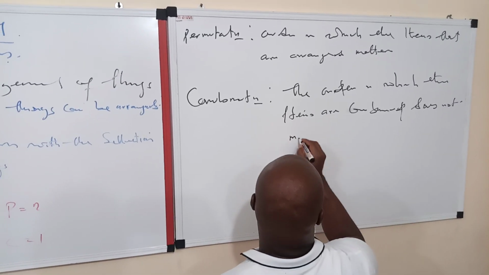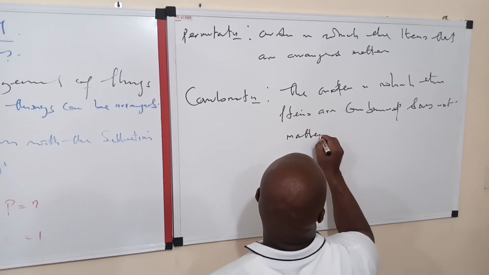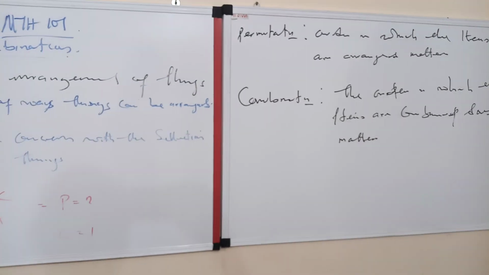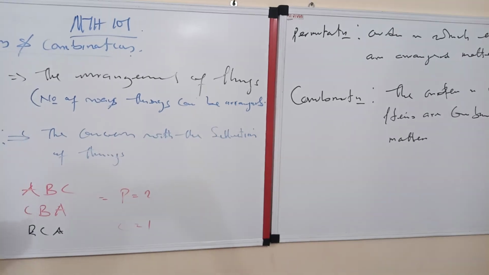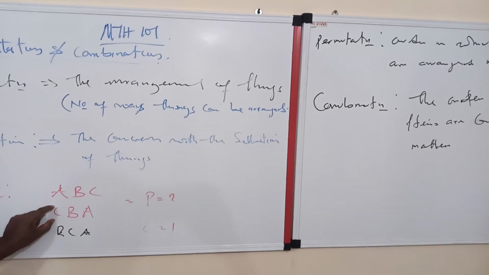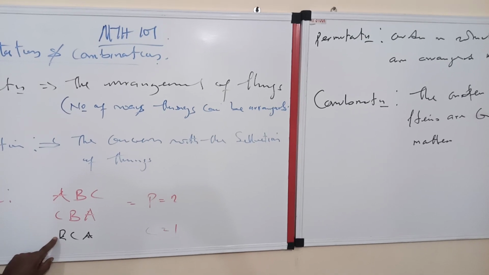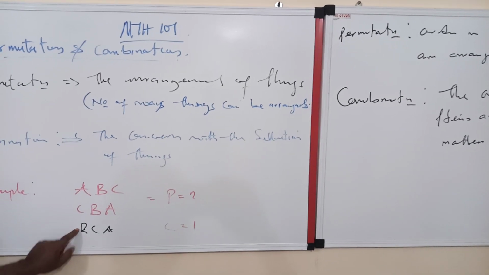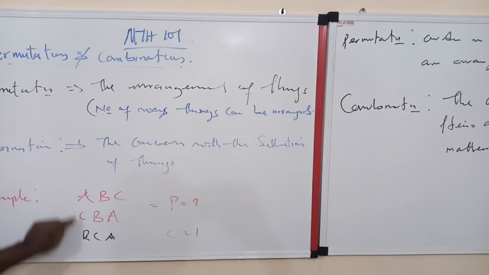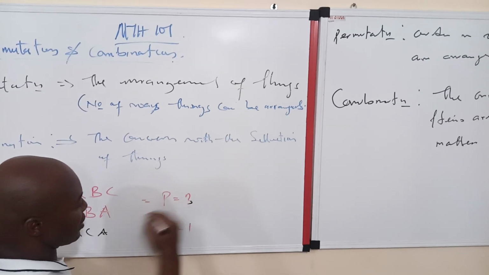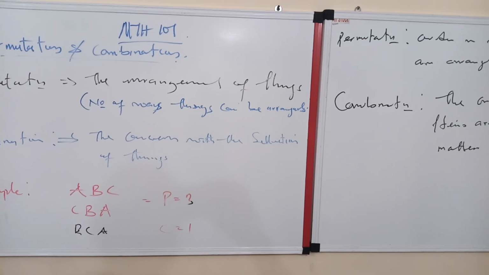From permutation, you see that these two arrangements are two different arrangements. If you consider the third one, you can say that all these are three different arrangements, so we have three permutations.